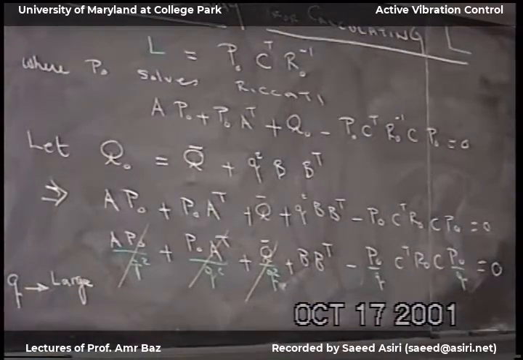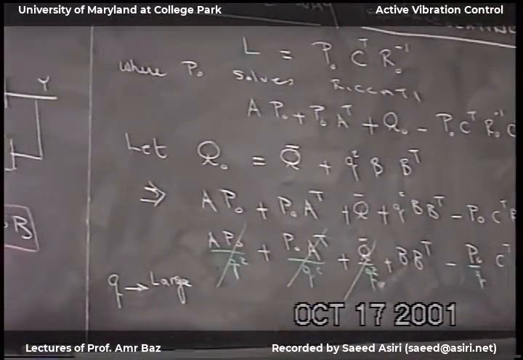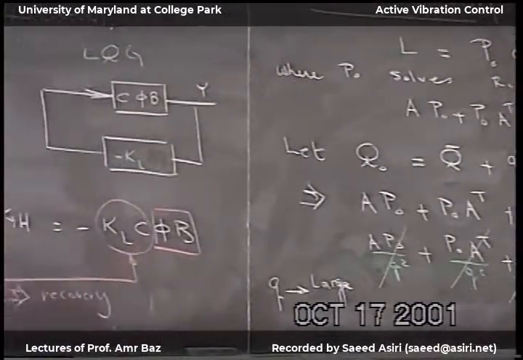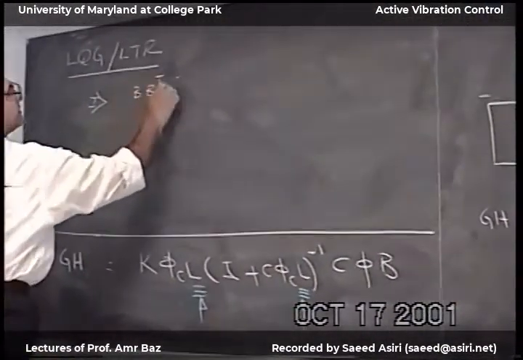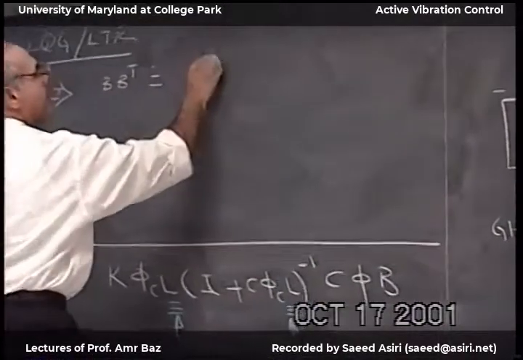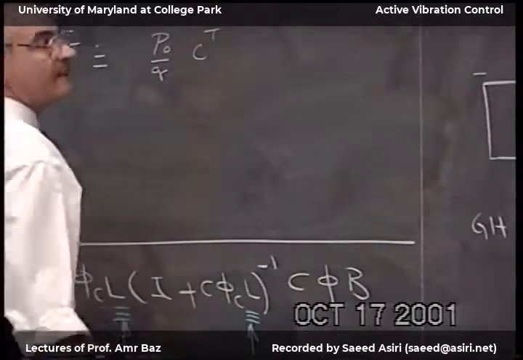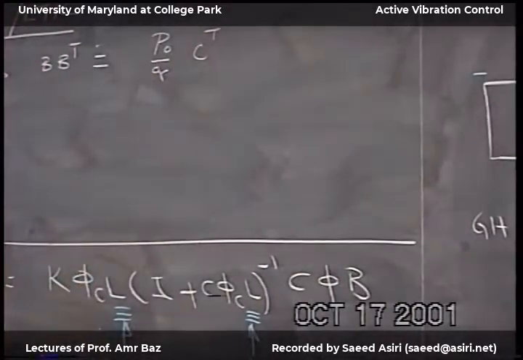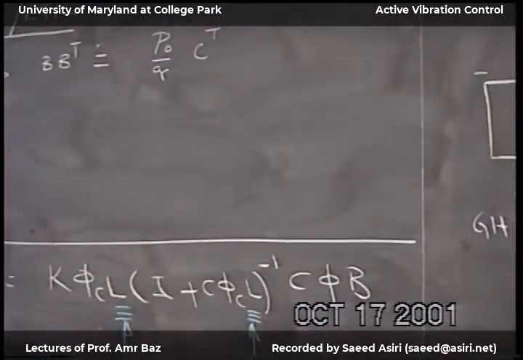Okay, we need all this. So now this says that B transpose will equal to P0 over Q C transpose, and then I left here R inverse.